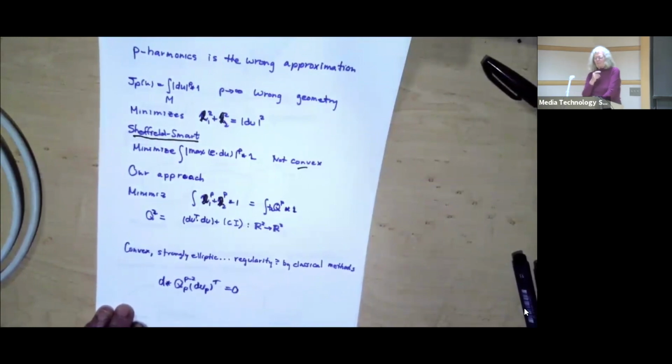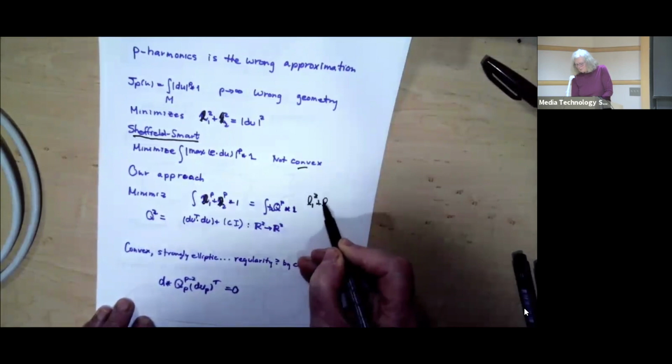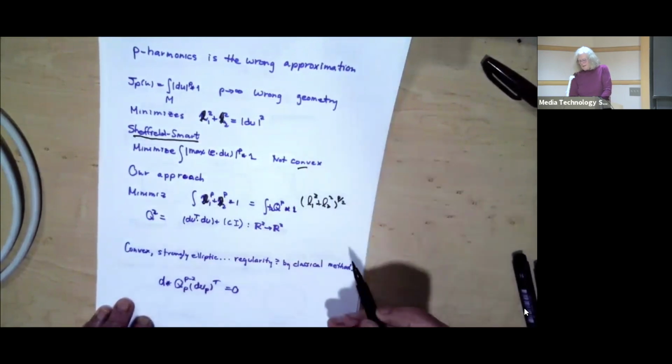Now, when people have looked at, let's say, L4, four-harmonic maps, which means that you take the sum of the eigenvalues squared and raise that whole thing to the fourth power. Okay. So you take a p power of the Hilbert norm. Right. But so you mostly look like L1 squared plus L2 squared to the p over 2. To the p over 2, but you really want to convert.